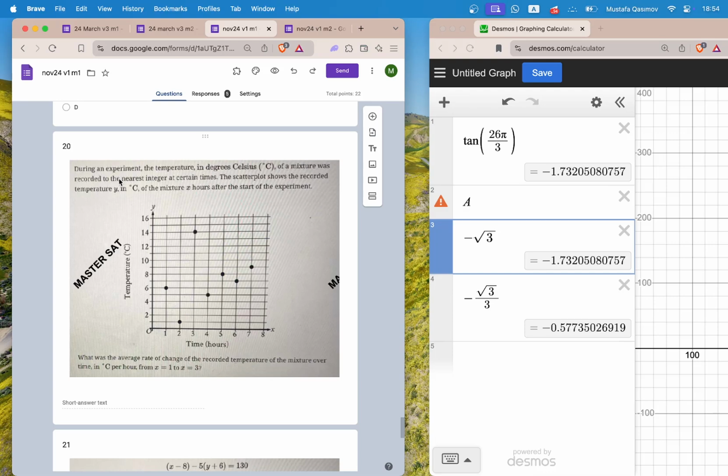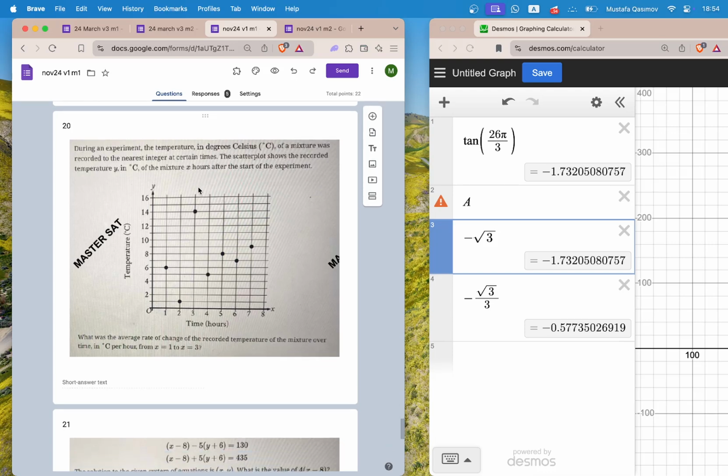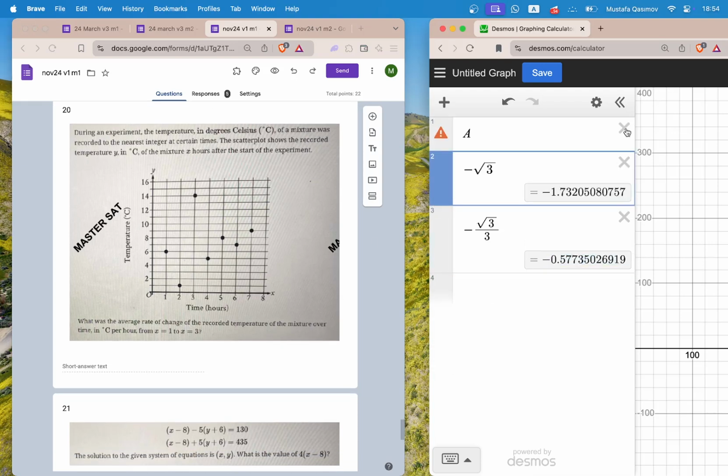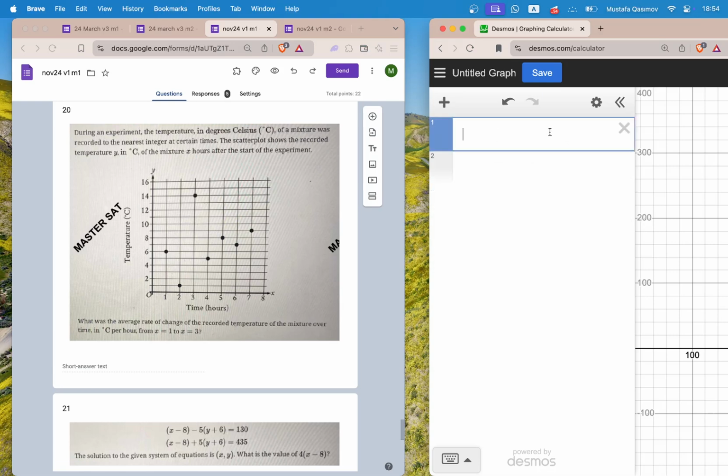20. During an experiment, the temperature in degrees Celsius was recorded near its integer at certain times. It's not important. What was average rate of change? Rate of change is another name for slope. So we have to find slope here. We have to find slope from 1 to 3.